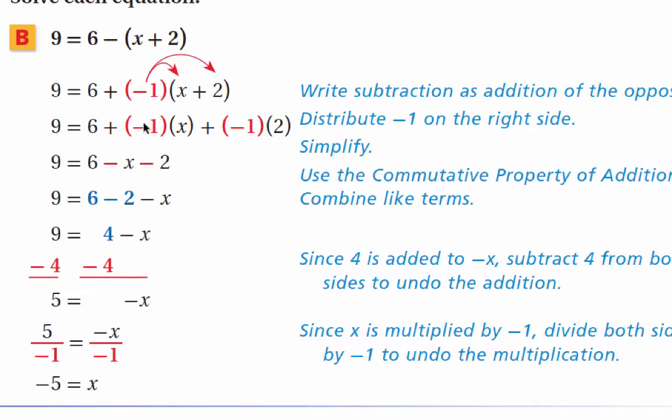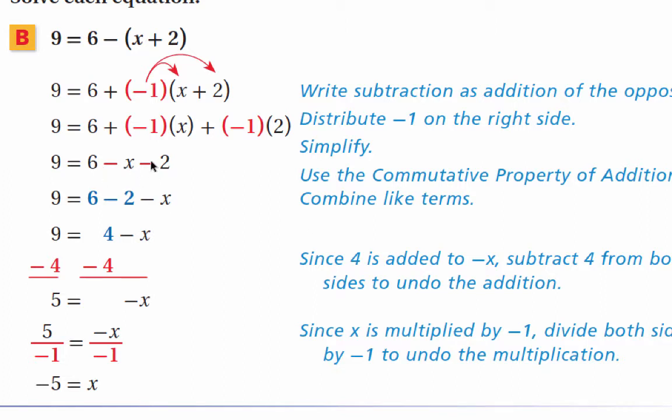So negative 1 times x becomes a negative 1x, or simply a negative x or a minus x. Negative 1 times 2 becomes a negative 2, and so now I can combine like terms. The 6 take away the 2. But I'm going to use the commutative property again.